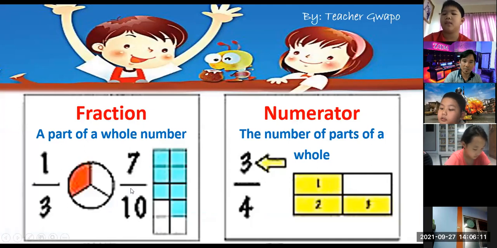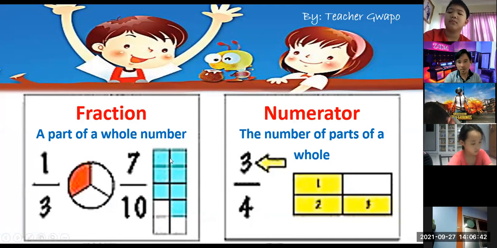As you can see here, fraction is a part of a whole, right? Let's say, for example, this is a pizza. You can see here 1/3. Why 1/3? In the whole, one part is shaded. So 1 out of 3. 1, 2, 3, divided into 3. So we have here 3 parts, and one part is shaded. Here you can see 7/10. Why 7/10? There are 10 parts: 1, 2, 3, 4, 5, 6, 7, 8, 9, 10.